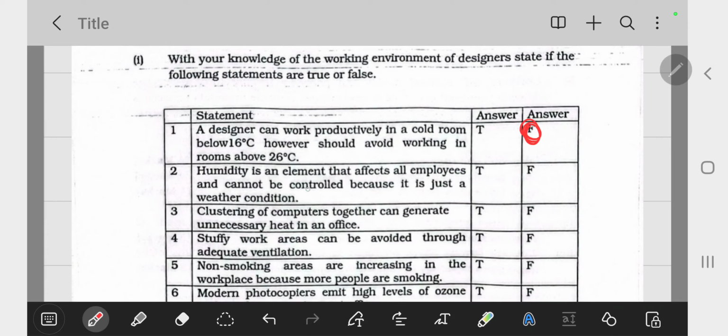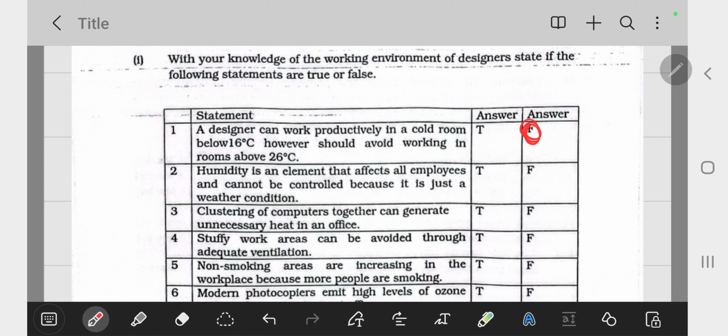Number 2: humidity is an element that affects all employees and cannot be controlled because it is just a weather condition. Those of you that took geography know that humidity refers to the amount of moisture content in the atmosphere. With modern engineering technology, they are able to maintain and control the amount of moisture content in the atmosphere.